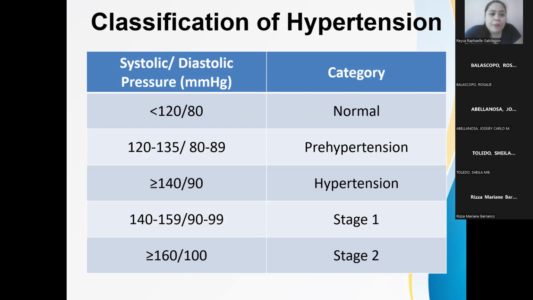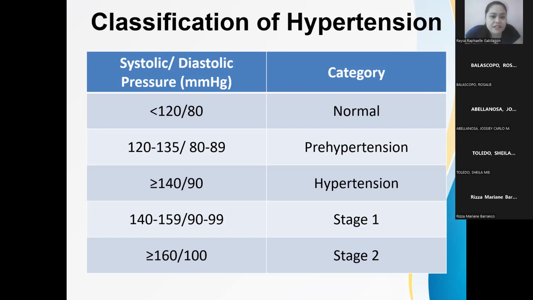Now, when it reaches 140 and higher and 90 and higher, that's the time you will be diagnosed with hypertension. Okay? More than 140 over 90, that's when we call it hypertension. But we have stages of hypertension also. If your blood pressure is 140 to 159 over 90 to 99, that's stage 1 hypertension.